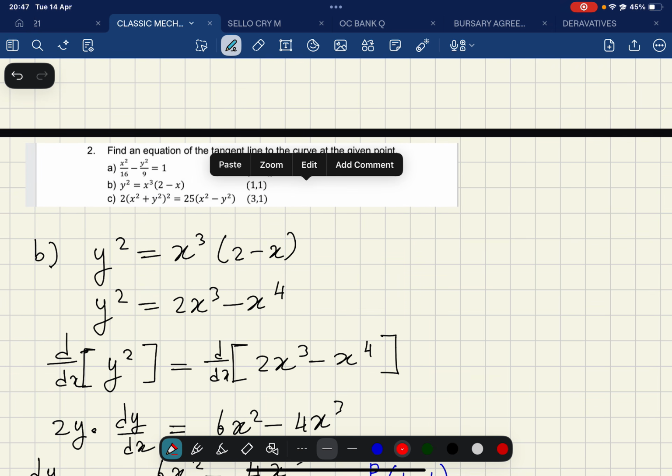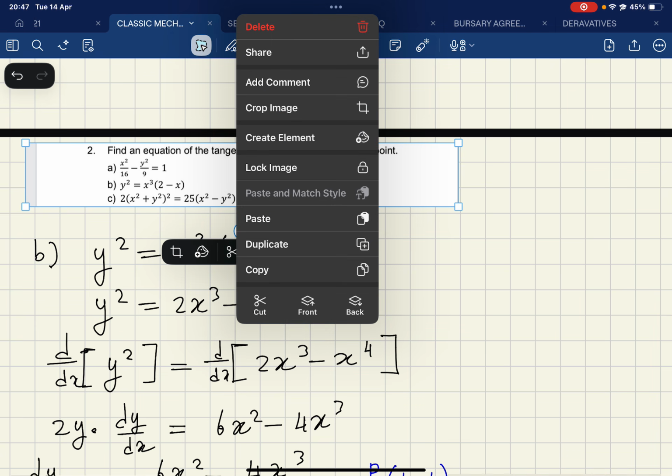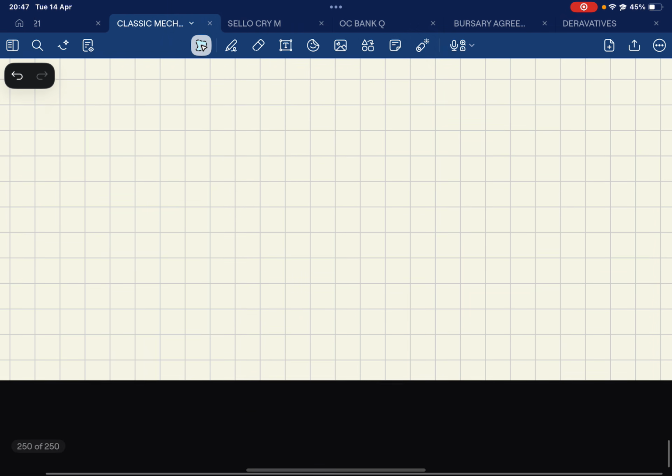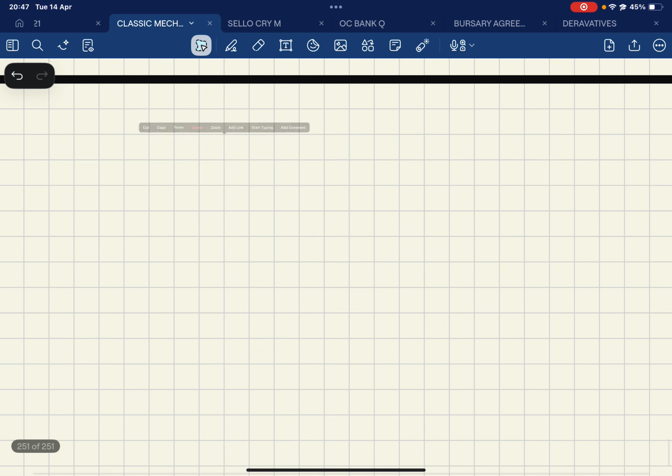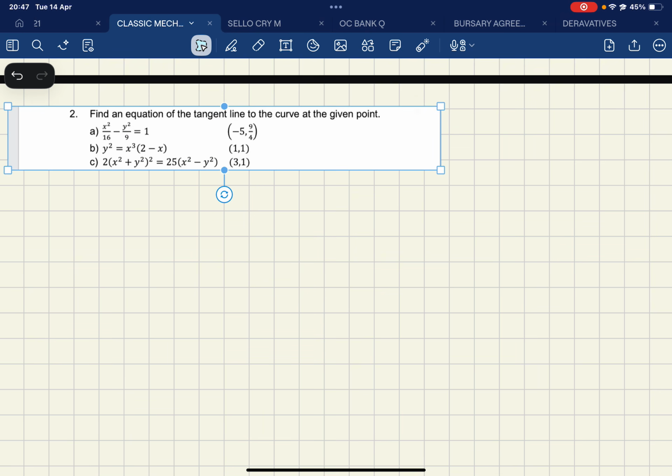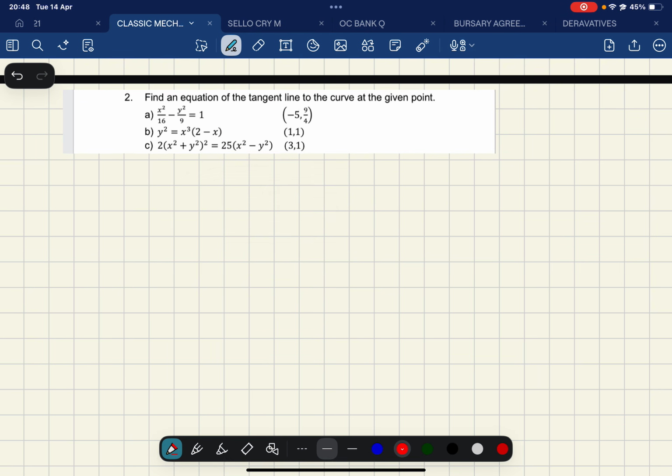On the next section, we're given this. They still want the equation of the tangent line, which is letter C. We are given 2 into x squared plus y squared, all squared, which is equal to 25 into x squared minus y squared.